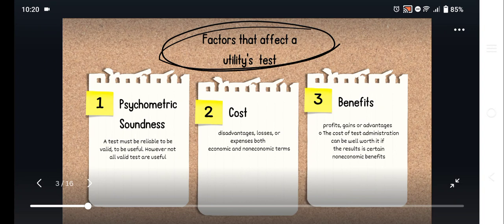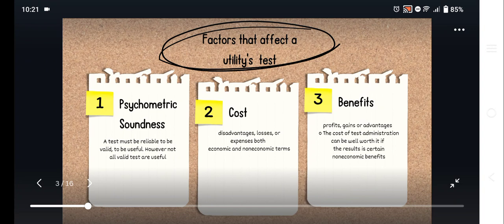The last of the factors is the benefits. It refers to profit, gains, or advantages in both economic and non-economic terms. The economic cost of administering tests can be worth it if the result is certain non-economic benefits.